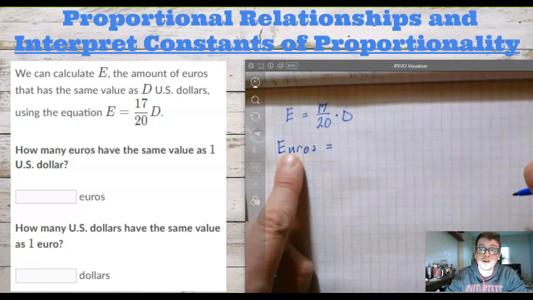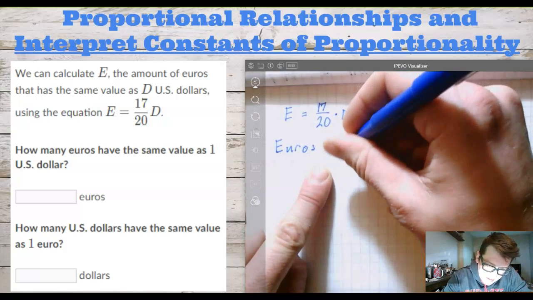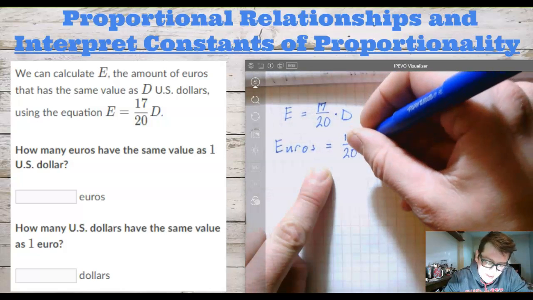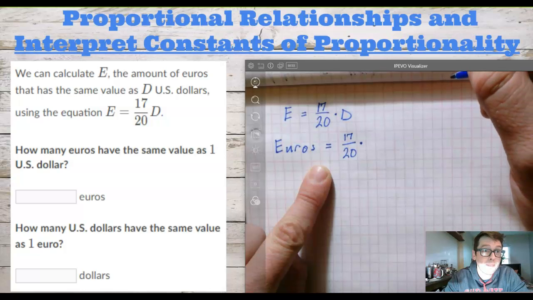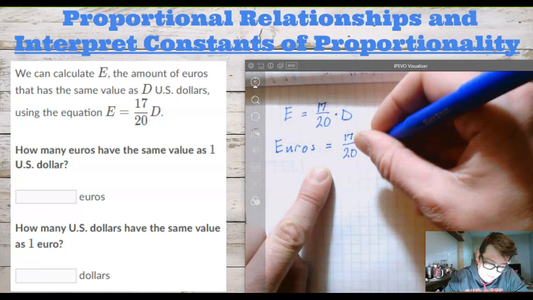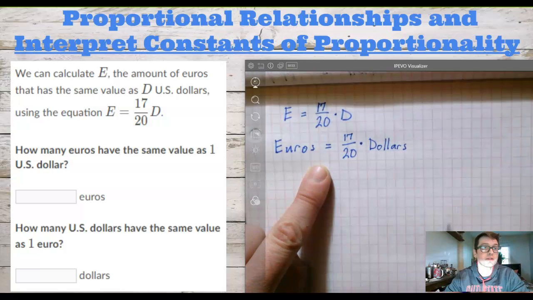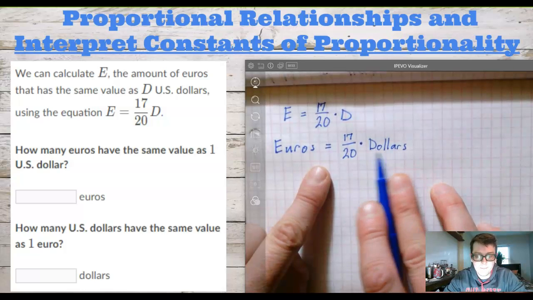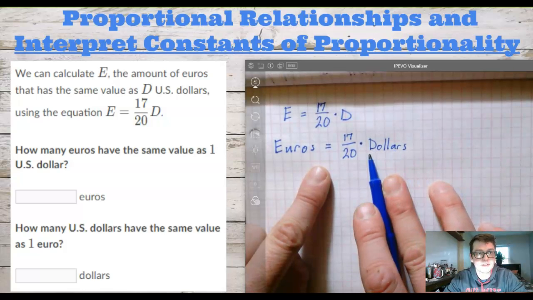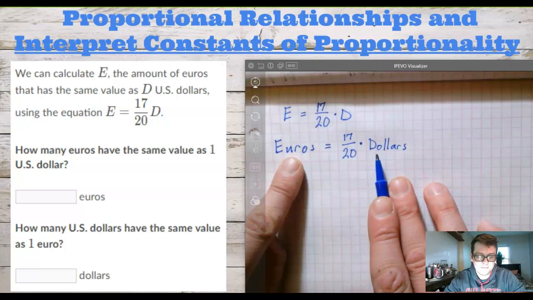So the amount of euros, if I write this out, will equal this number, 17 over 20, times, what's the D represent? Dollars. So guys, this is like if you were traveling, you had a certain amount of American dollars, and you wanted to figure out how many euros could you get, like in exchange.